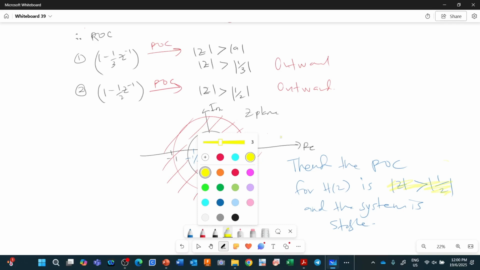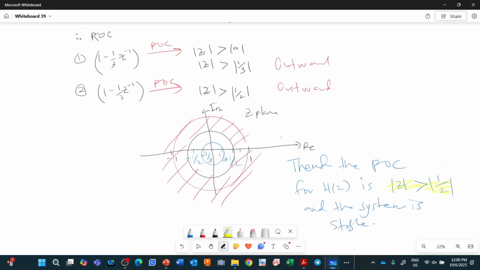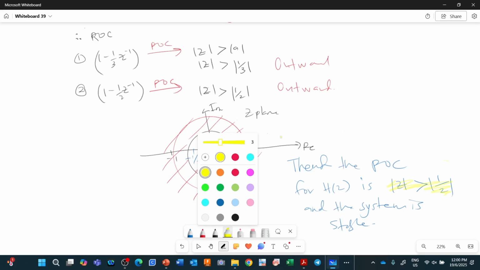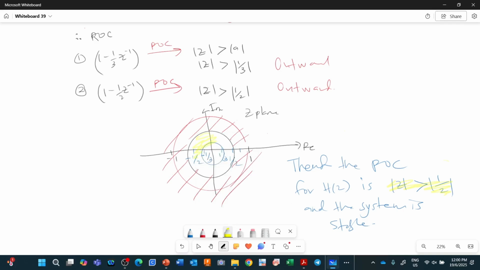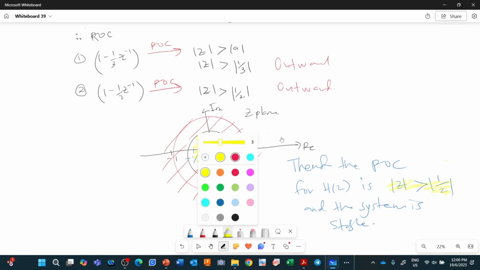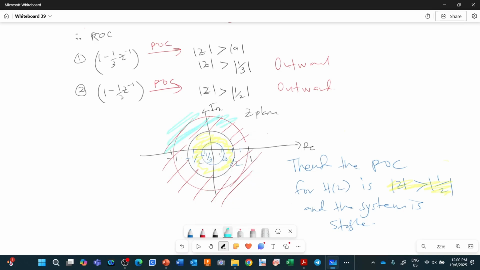It's because you have multiple ROC in the equation denominator. So you need to make a statement in the end that the ROC for H(z) is z more than 1 over 2. Why? Because you need two values of ROC overlapping. You cannot pick z more than 1 over 3, because this part here is not overlapping with 1 over 2. Outward, right? So we are picking only the one that is blue color, the blue color over here.